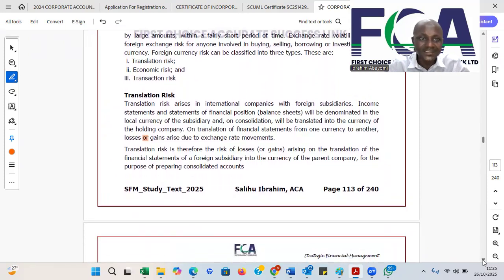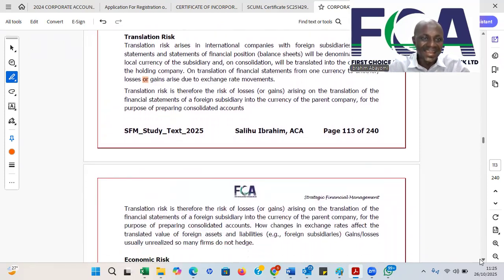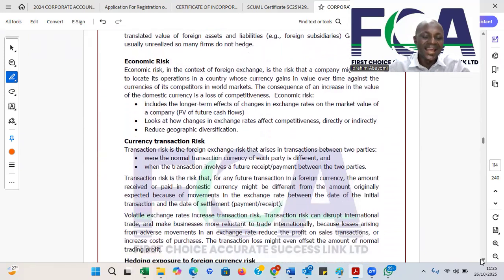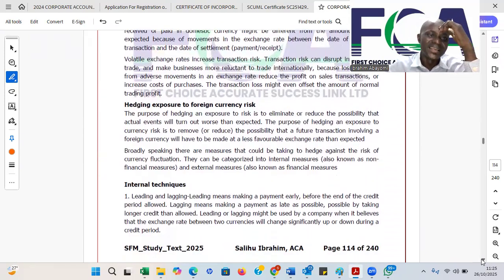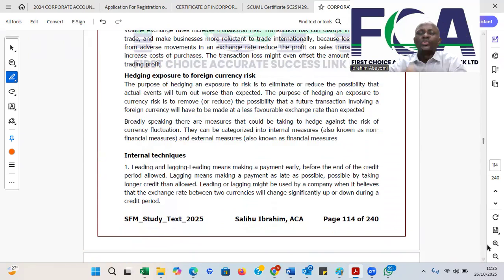Now, when we say leading and lagging, what do we mean? Leading and lagging means you accelerate the payment. Your supplier has given you 3-month credit, say, for instance, pay within 3 months. But from your prediction, from your study of the exchange rate movement, you discover that exchange rate may likely move against you before the 3-month credit period lapses.